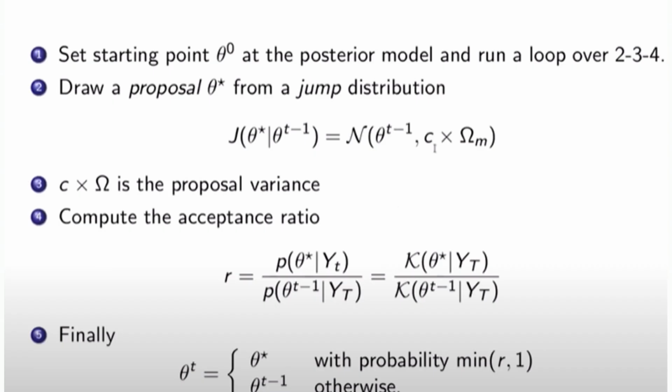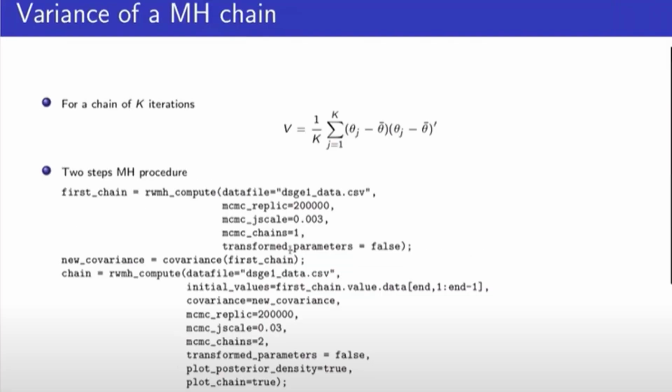Of course, a diagonal matrix issued from the prior is not necessarily representative of the posterior distribution. In fact, the proposal will be all the better if the variance of the proposal is similar to the unknown variance of the posterior. We can proceed in 2 steps. After the first one, we can use this formula. We have a sample of 200,000 and we compute the empirical variance matrix of this sample.